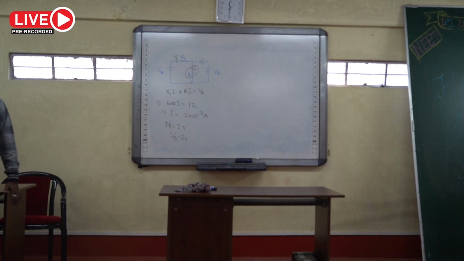If the galvanometer resistance is 100 ohm, find the current drawn from the cell.